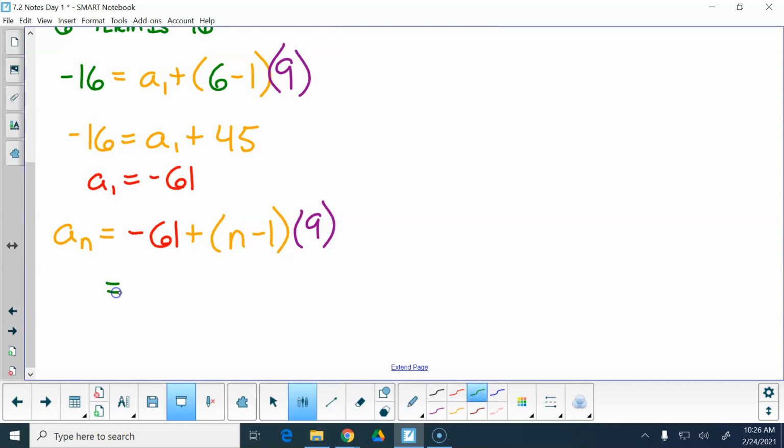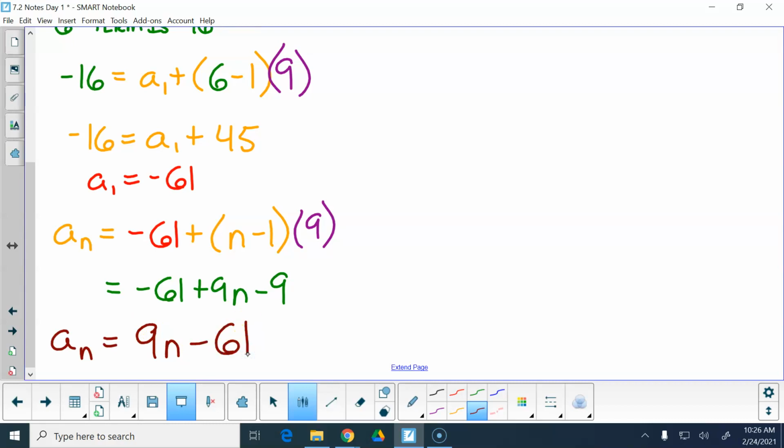That would give me negative 61 plus 9n minus 9, so any term in this sequence is 9n. Oops, I put minus 61. That should be minus 70.